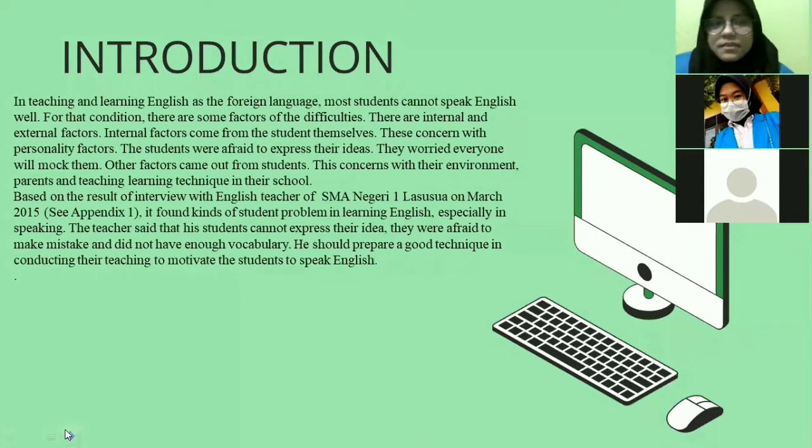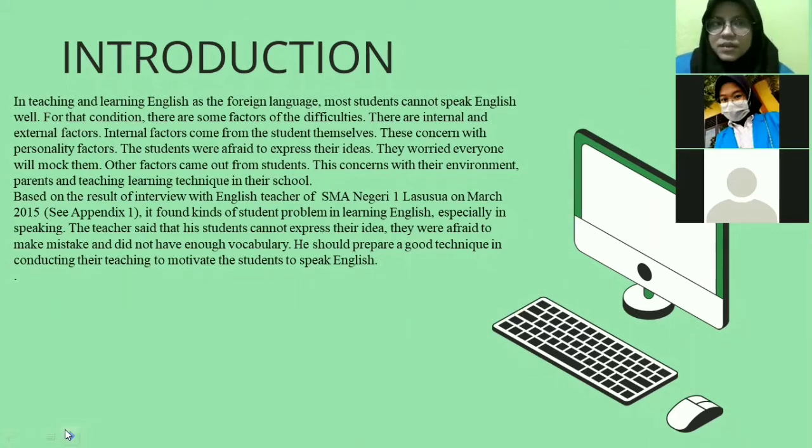Introduction. Teaching and learning English as a foreign language, most students cannot speak English well. For that condition, there are some factors of the difficulty. There are internal and external factors. Internal factors come from the students themselves.